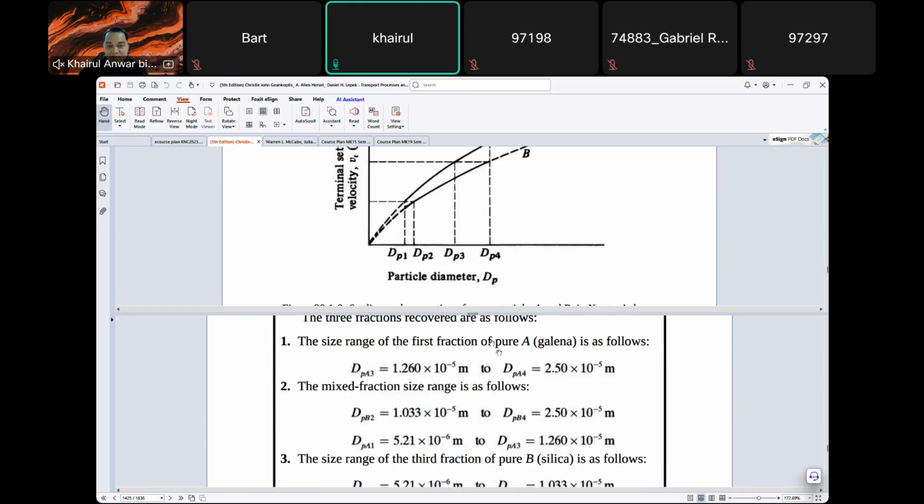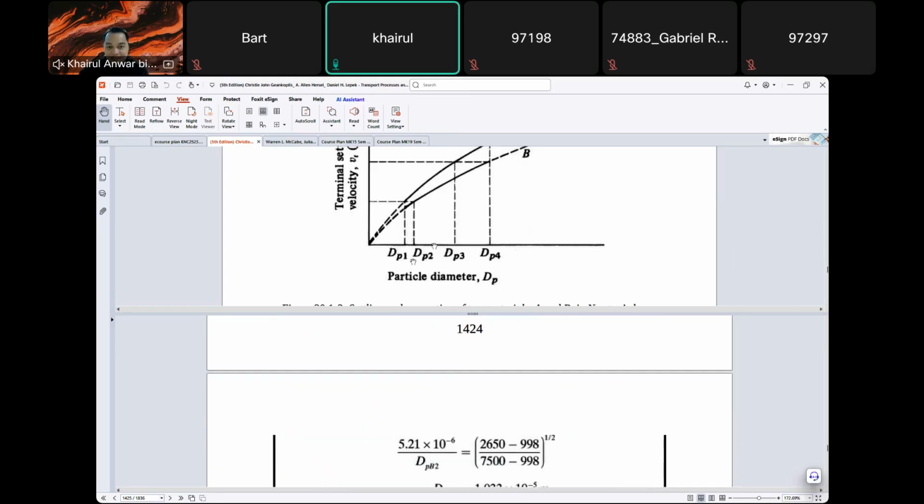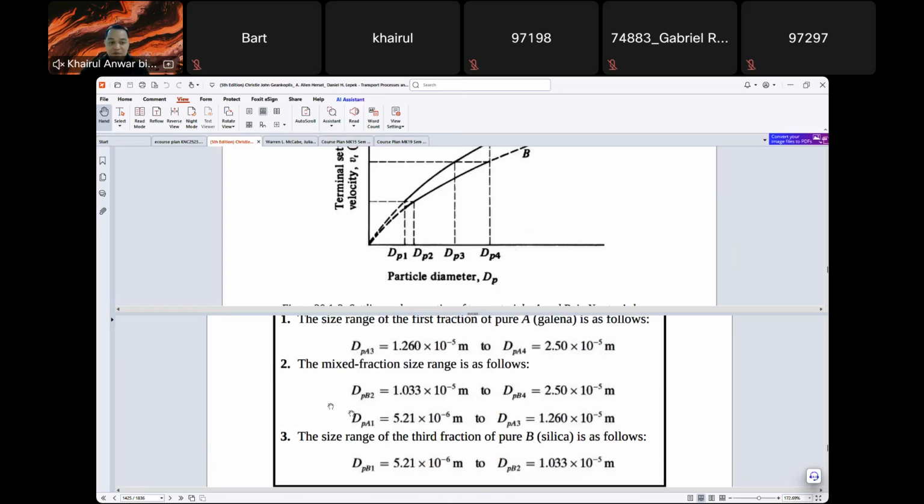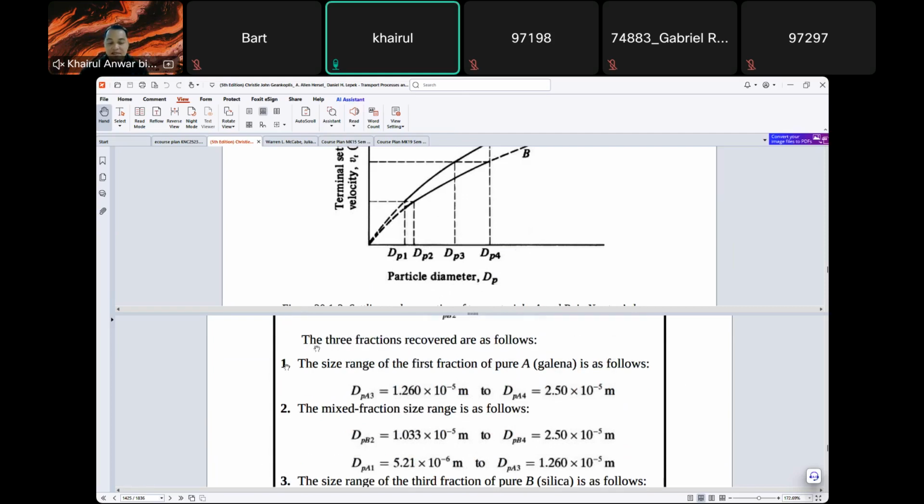So now that we know dp2 and dp3, we can conclude the size range. For this question, if it's asked, you need to show this size range as well.